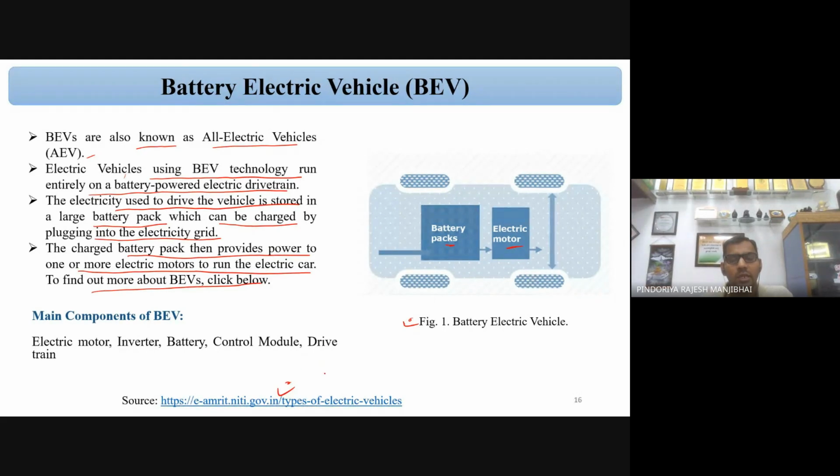This is the official Government of India website, e-Amrit, at niti.gov.in. If you want more information about battery operated vehicles, please click on this link. The main components of the battery operated electric vehicle are the electric motor, inverter, battery, control module, and drivetrain. So these are the 5 major components in the EV, that is, a battery operated electric vehicle.